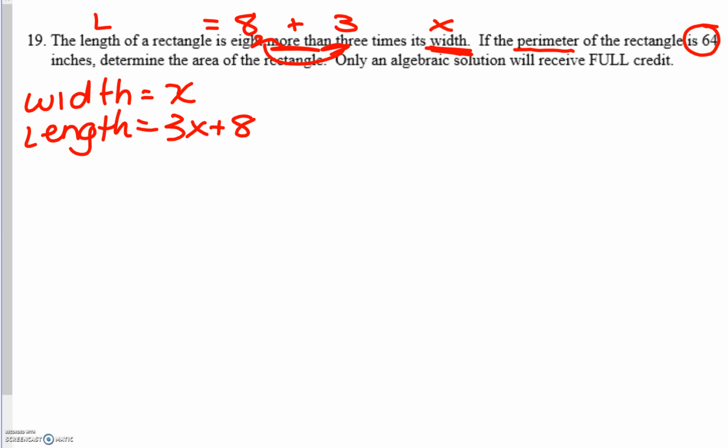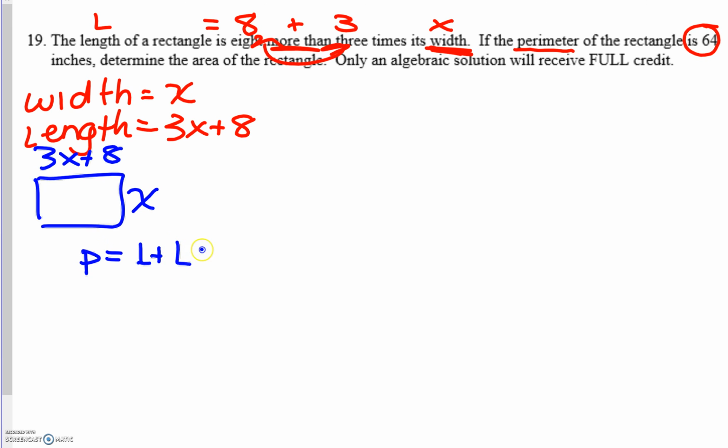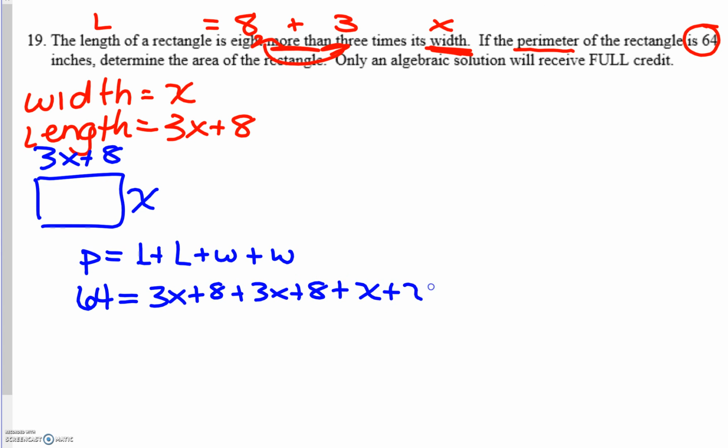So we know perimeter is adding all 4 sides. So we have an x and a 3x plus 8. So perimeter is equal to length plus length plus width plus width. So 64 equals the length plus the length plus the width plus the width.